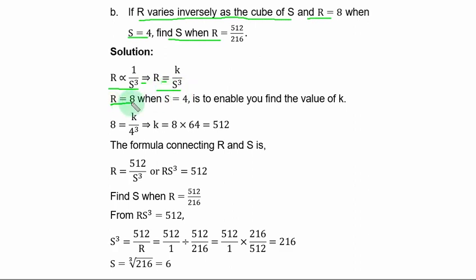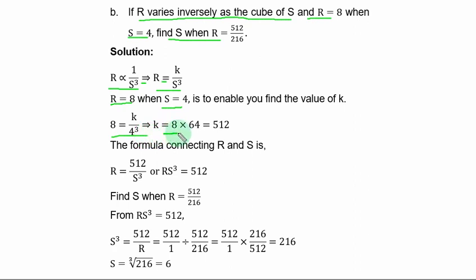When arrow equal to 8, S equal to 4, this is to enable you find K. So you replace arrow with 8, S with 4 in this form. If you multiply through by 4 cube, which is 64, that clears fraction.